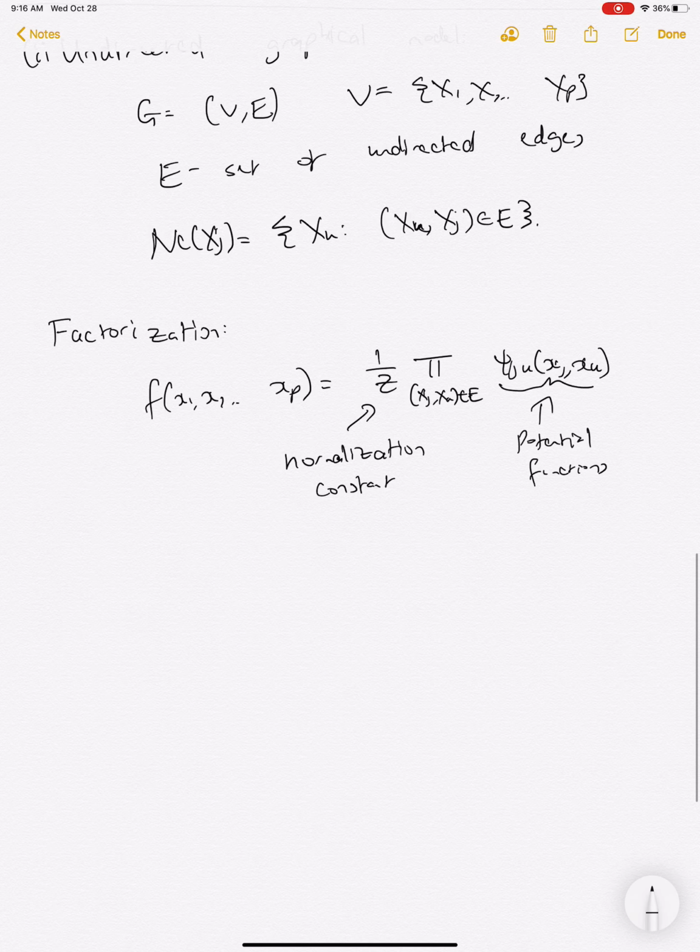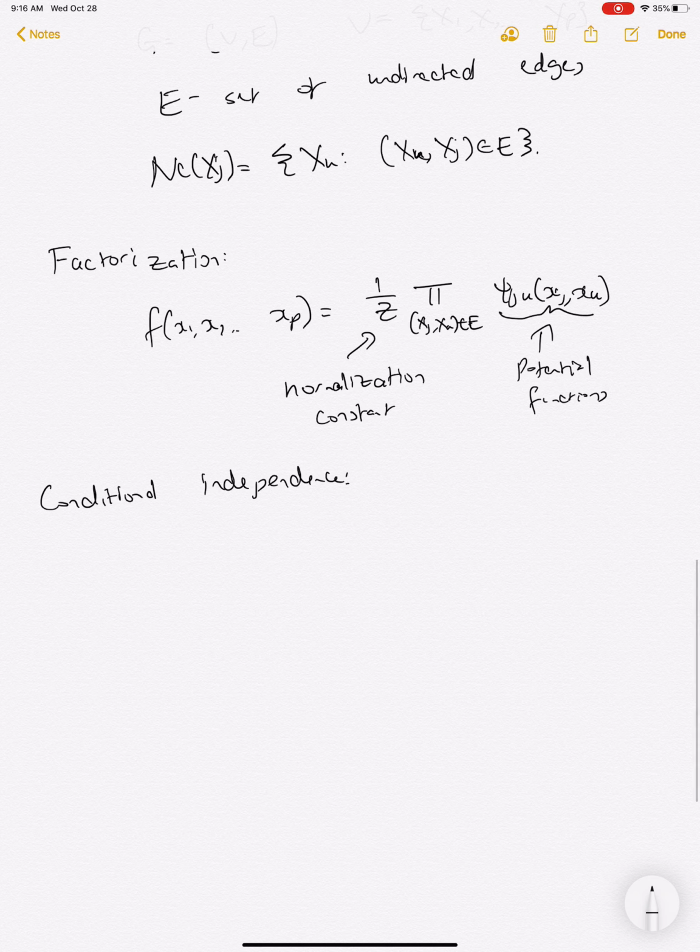And then in terms of conditional independence, it's kind of like what we saw in the DAG, but with the parents replaced by neighbors.